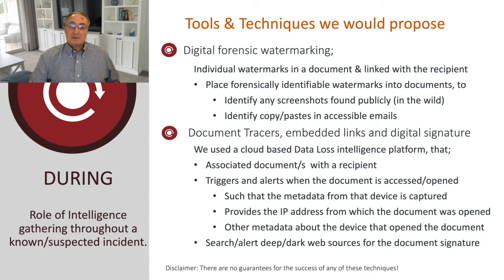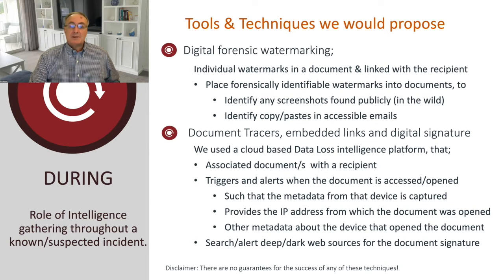As an example, if you want to see what metadata is available when your device connects to a website, I'd suggest you go to privacy.net, point your browser to that website and run some analytics, and it will show you all the metadata that you're exposing. Obviously, it's going to provide an IP address from the device that the document was opened.